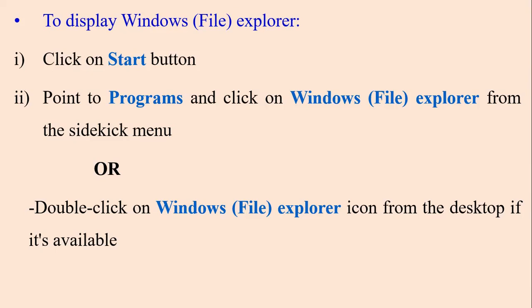But if that icon is not available, you click on Search icon, which is just next to Start button on the taskbar. When you click on Search button, you type File Explorer. And once you type File Explorer, from the list that will appear, you click on File Explorer.